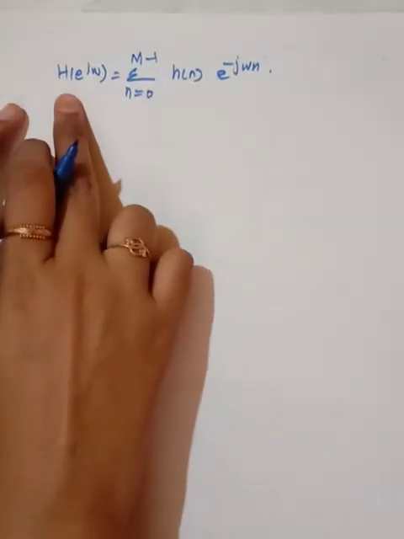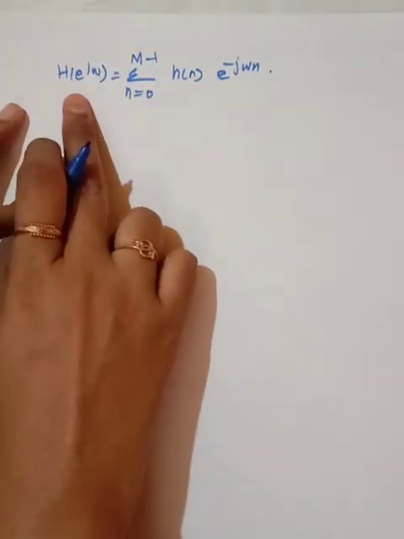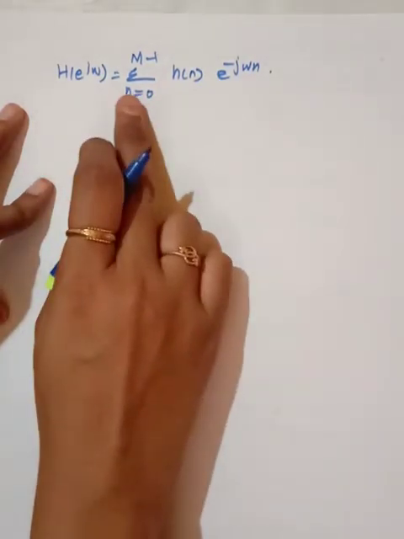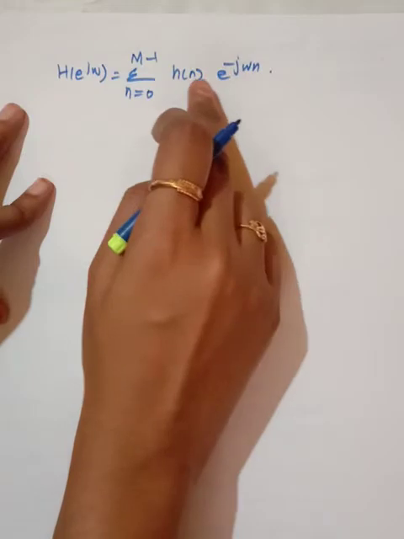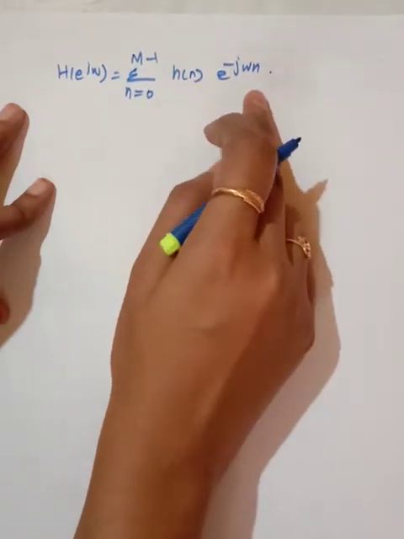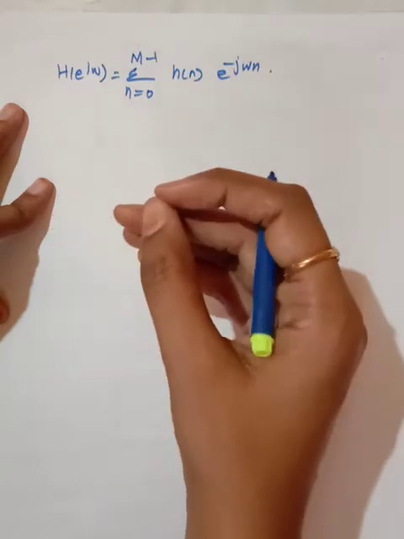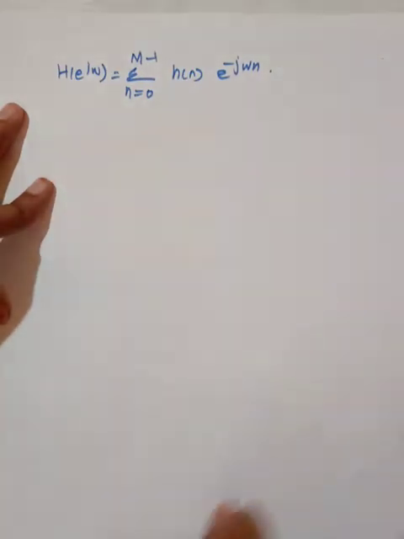Now we know that the frequency response of the filter can be written as H of e power j omega equals summation n is equal to 0 to M minus 1 h of n e power minus j omega n. Now we are going to do some derivations to prove what I have told.